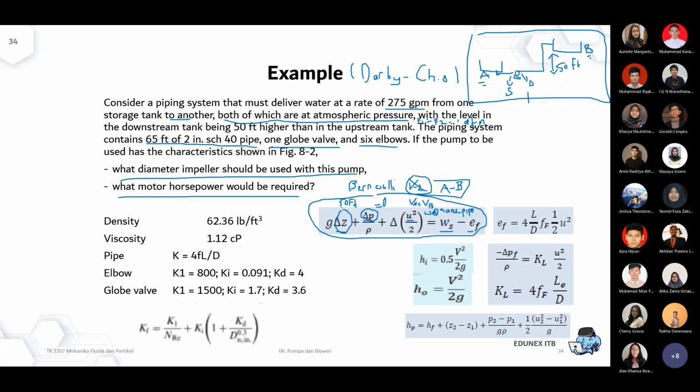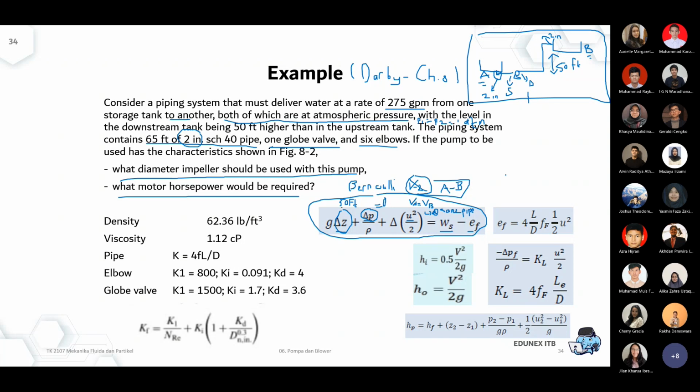It was stated that the piping system contains 2-inch pipe. That means if you have 2-inch over here, you will also have 2-inch over here. Because the mass balance remains the same and the surface area remains the same, your velocity will always be the same between point A and point B. This is for incompressible flow: the volume doesn't change, the density doesn't change, the surface area doesn't change, so your meter per second will not change as well.